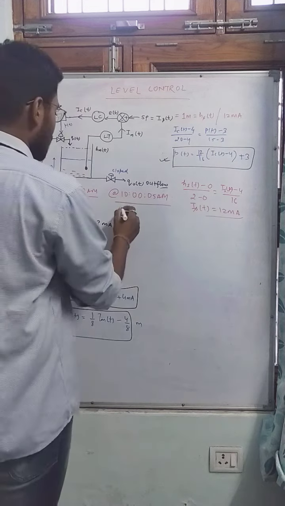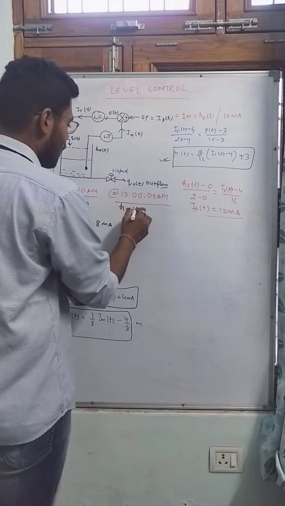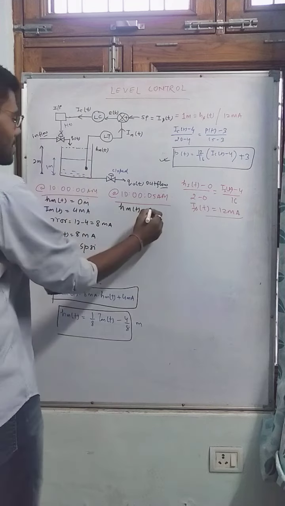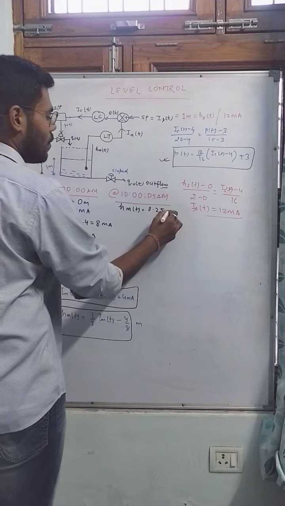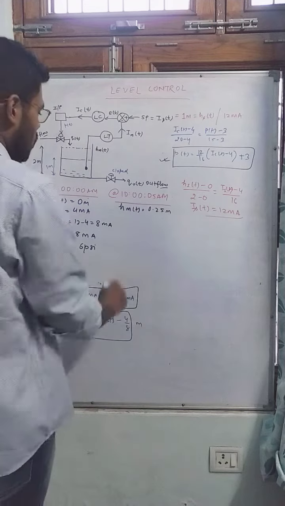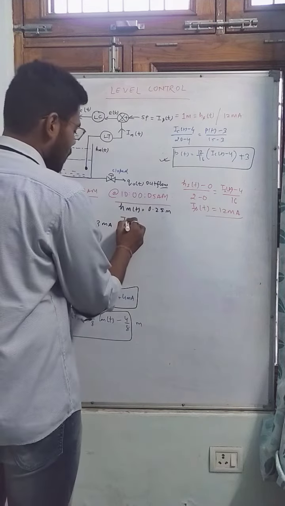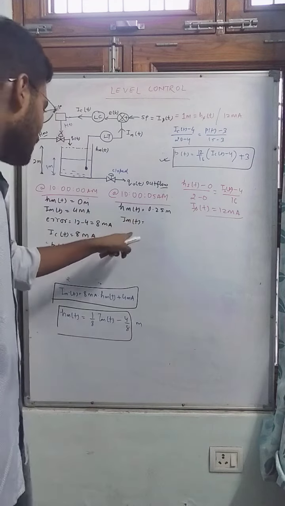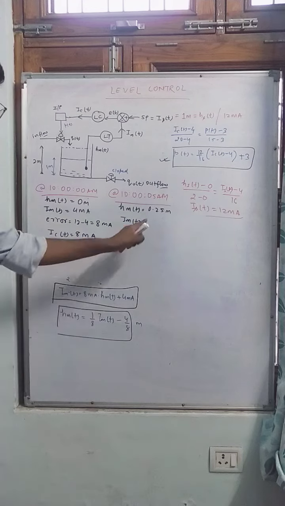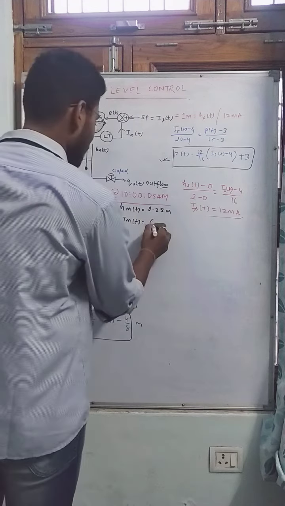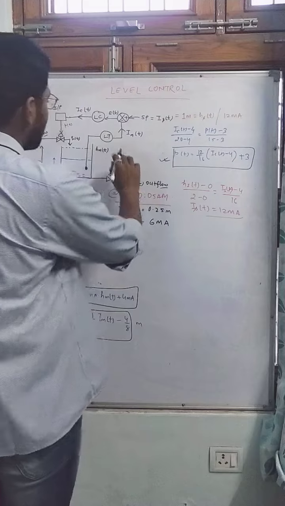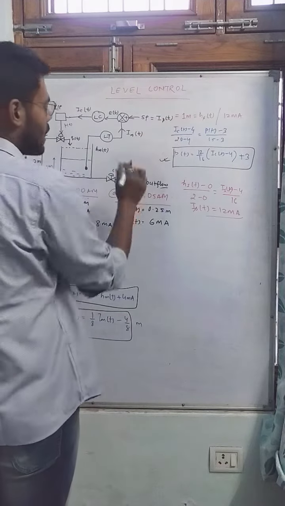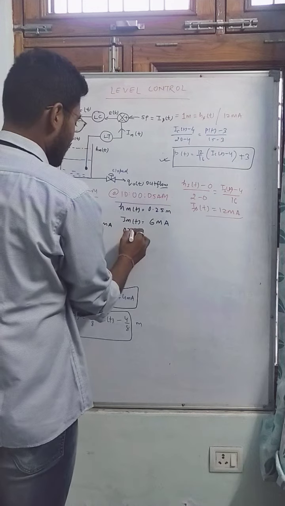Now I am considering that after 5 seconds the height of the level in the tank is 0.25 meter. If I convert into corresponding current, what will be the IMT? Put HM equal to 1/4: 8 times 1/4 is 2, plus 4, that is 6. Now the level transmitter will generate a current of 6 milliampere. Again we compare with the set point and error will be generated.